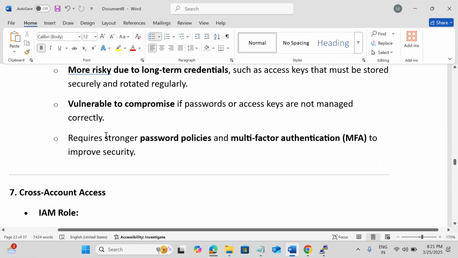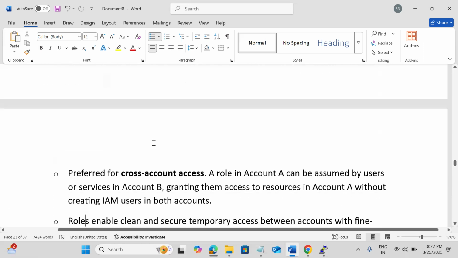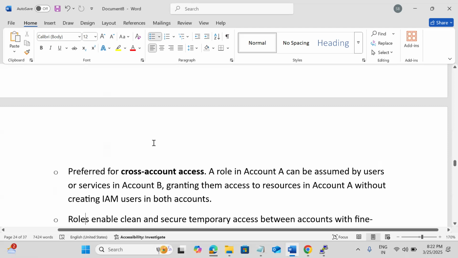For mitigation, we need to use strong password policies and definitely enable MFA. The root user is used only for the first time. After that, you create one IAM admin user.